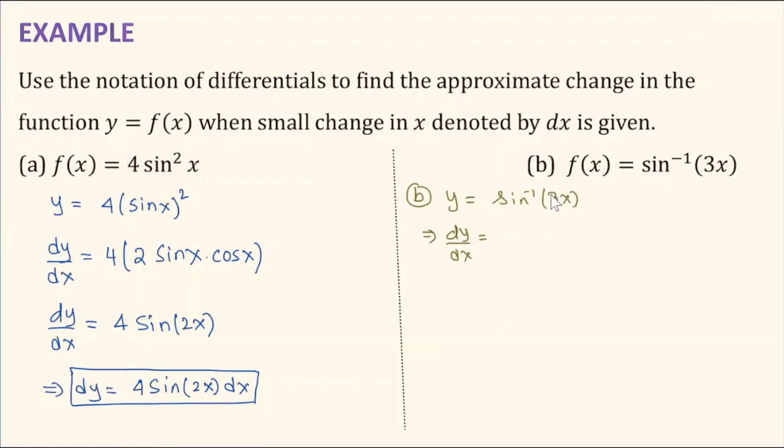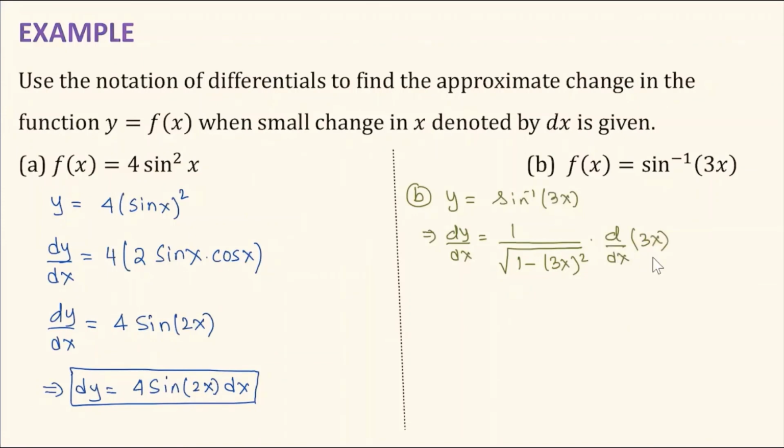For the composite function, we use the chain rule. Chain rule says the derivative of the outside function multiplied by the derivative of the inside function. The derivative of sine inverse x is 1 over the square root of 1 minus x squared. In place of x, I have 3x squared. Then multiply by the derivative of the inside function.